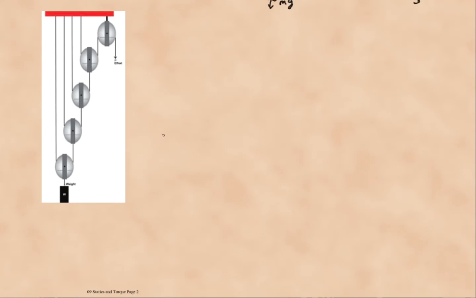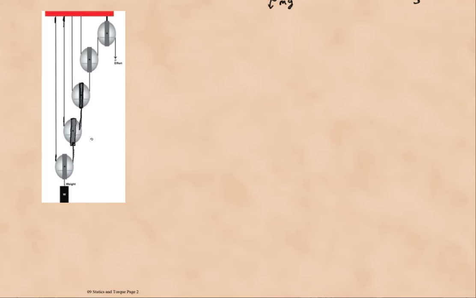Here's an example of a problem that uses different ropes. In this case, there's a rope attached up here, goes down to the pulley, wraps around the pulley, goes back up, and is attached to the body of the second pulley. The second pulley has a different rope that goes down around it and attaches to another pulley.